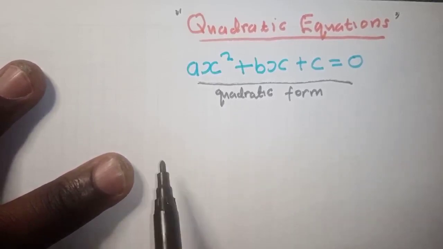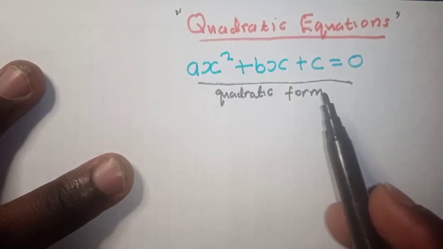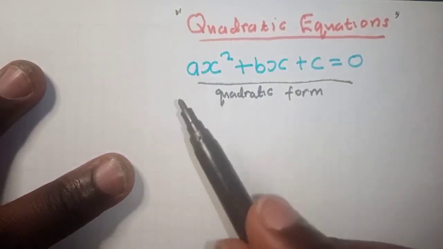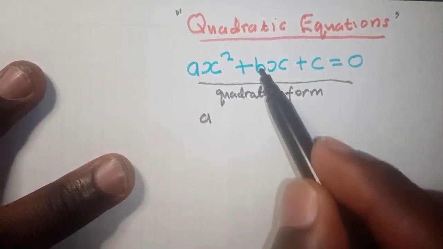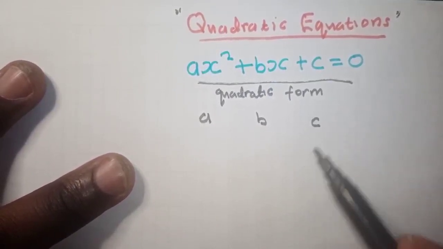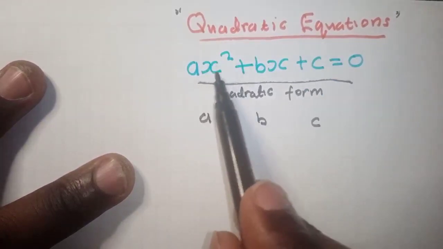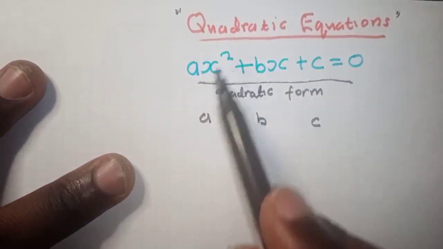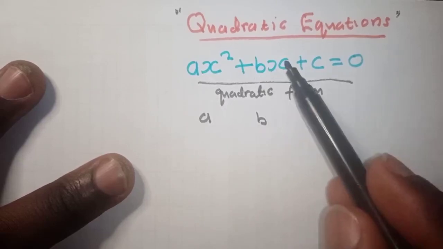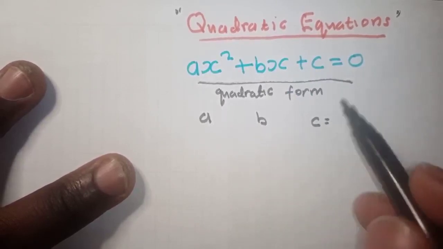Now when you have an equation in this form, you notice that a has an x which is raised to the power 2. B also has an x. C does not have an x.